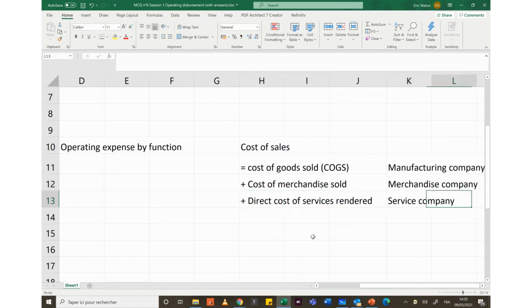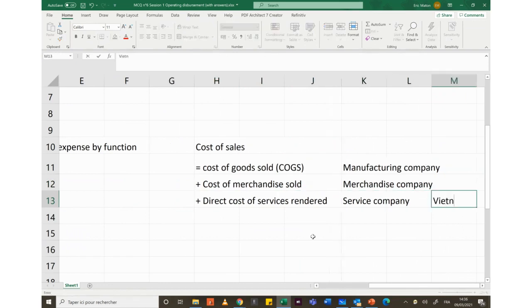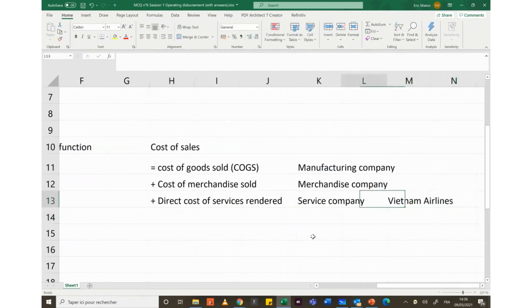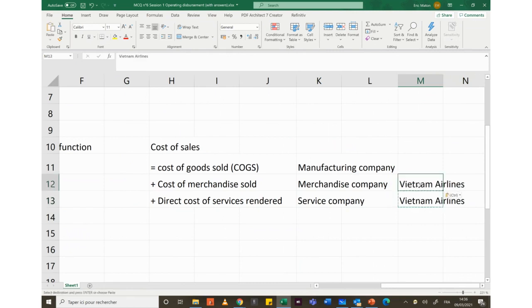For instance, the cost of sales of Vietnam Airlines is mainly the direct cost of services rendered. You have a small part in the cost of merchandise sold, but not a lot, because of the food and the drink during the flight. And nothing for manufacturing, because it's not a manufacturing company.